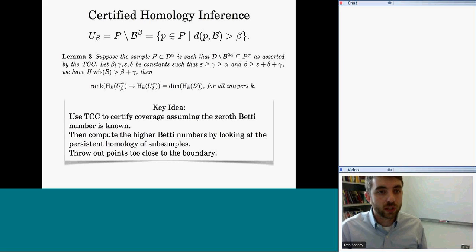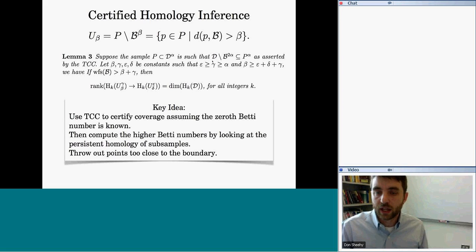And we're going to look at offsets of these subsets of P. If a sample is from D alpha, so considering the case where the sample might not be just in D, but it's at least within distance alpha, and the criterion.